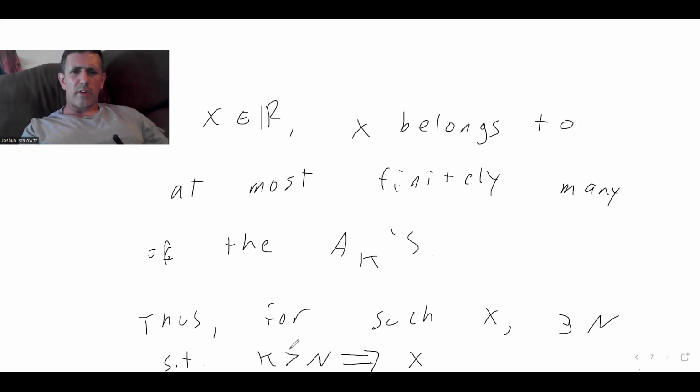So then you can find a big N. So eventually, x has what relationship to these A_k's? It's not going to be in A_k, right? That should make sense. It's only in finitely many of them, so eventually it's not going to be in them.